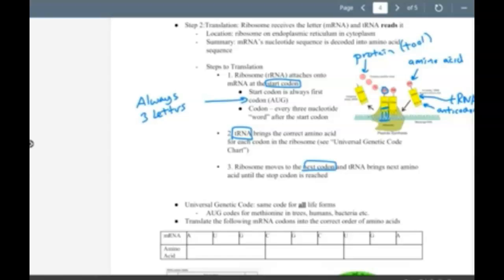And just keep repeating until you build this long protein. Any questions here? That's what translation is. And so this is how we can go from messenger RNA, our nucleic acid, using a ribosome and tRNAs, we can make a protein.